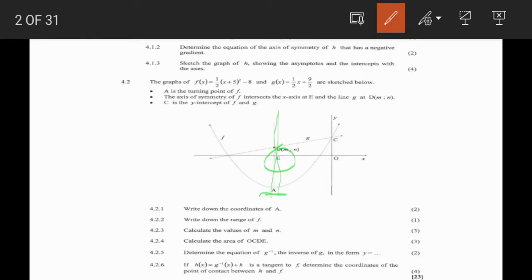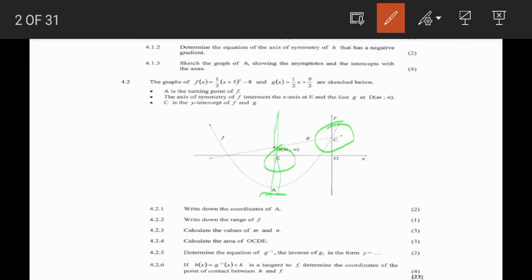And the line g at D, M and N. So it intersects with the line of g, right, at D. Then C is the y-intercept of f and g. So we can see C being the y-intercept of f and g, and also being the point of intersection between f and g, right? So we have 4.2.1 says write down the coordinates of A.